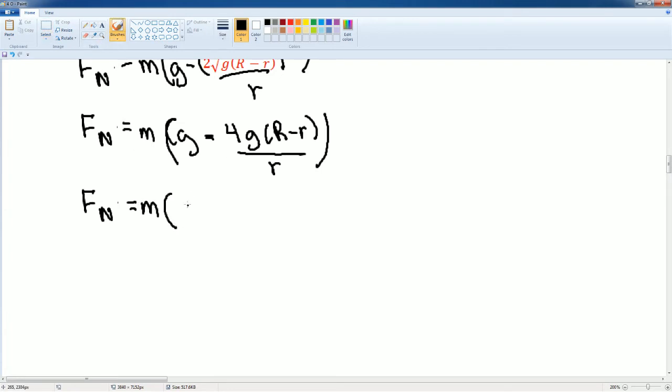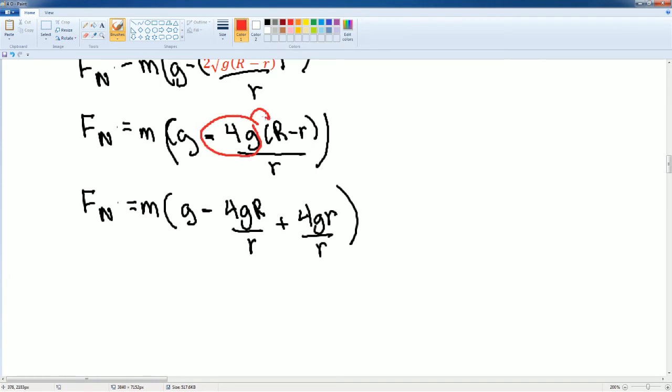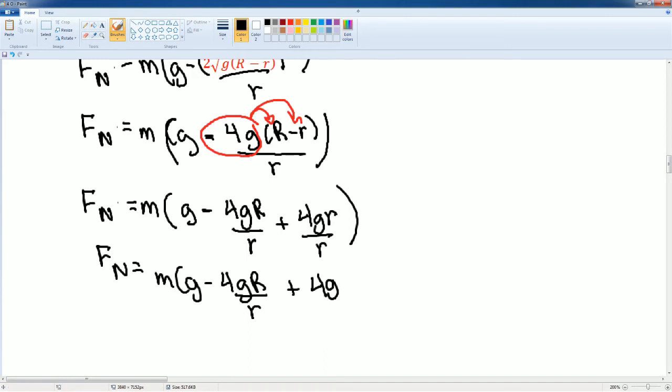So here you have g minus 4g big R divided by little r, plus, because this is a minus, 4g little r over r. I distributed this to both terms to get this line. More things canceled out. So mg minus 4g big R over little r plus 4g, because these cancel.